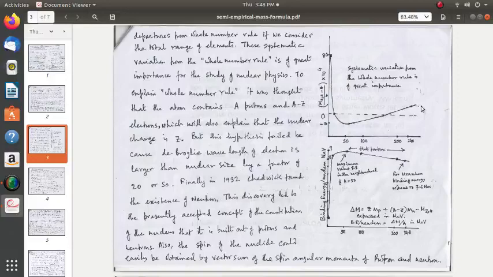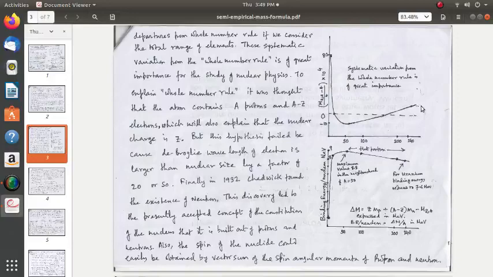But unfortunately, at the time of Aston, the nucleus was thought to be made of proton and electron, so he could not give the exact physical significance of why the packing fraction varies in a systematic manner.